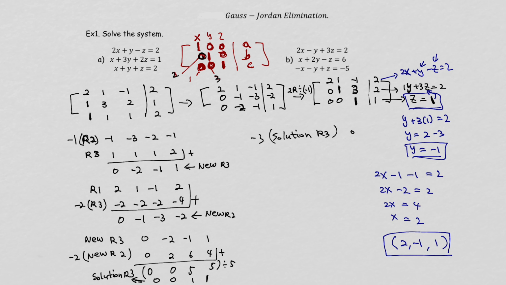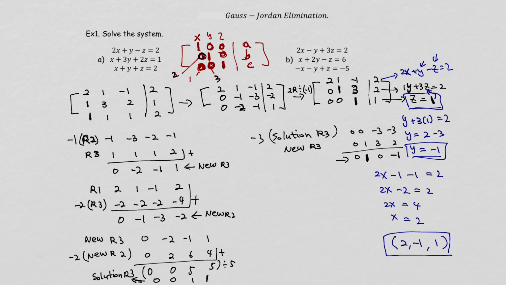You will get 0, 0, -3, and -3, and use the new row 3. That's 0, 1, 3, 2, which will give me 0, 1, 0, -1. You could do that to find your y value. This is y equals -1.